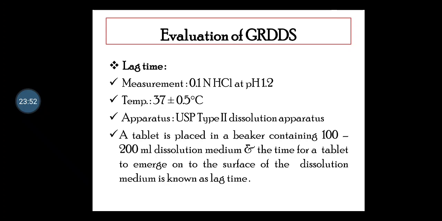For the apparatus, we can select the type 2 dissolution apparatus. A tablet is placed in a beaker containing 100 or 200 ml of dissolution medium, and the time for the tablet to emerge onto the surface of the dissolution medium is known as the lag time. In this fashion one can determine the lag time.